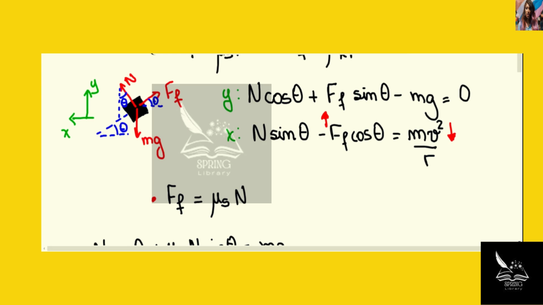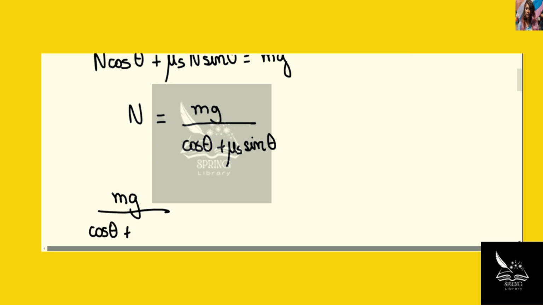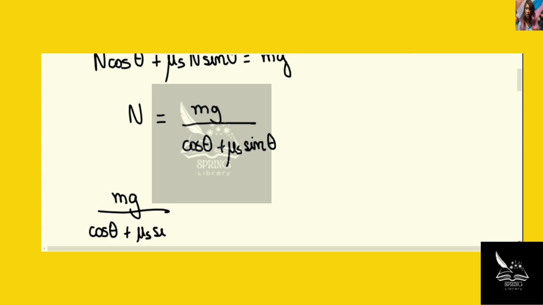So I'm going to take the equation for the x-coordinate. We have n, which I'm going to write as mg divided by cosine of theta plus mu s sine of theta, and the frictional force, which is mu s times n.